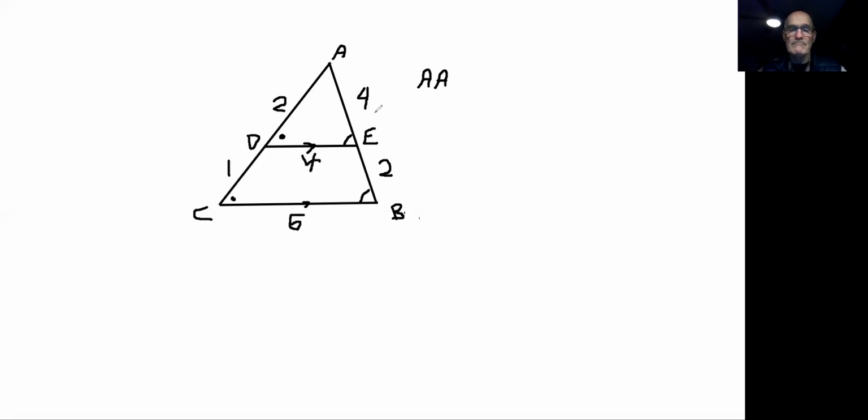Now, the second thing that we can look at is we can have a side-side-side similarity, and if we have a side-side-side similarity, then the ratio of the sides has to be the same. So if we come across here, we would have one ratio equal to the second ratio equal to the third ratio.